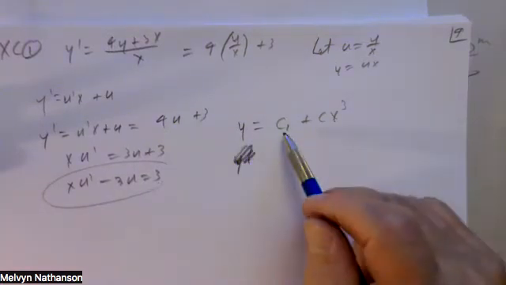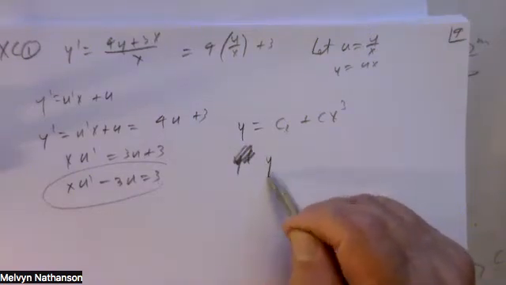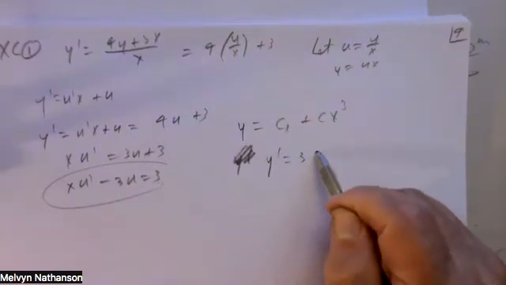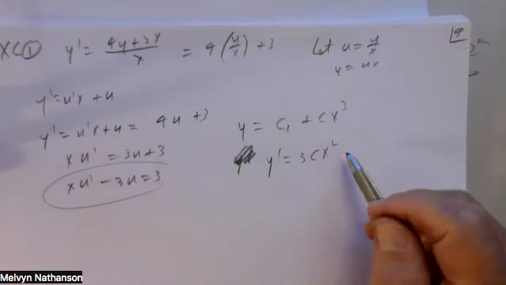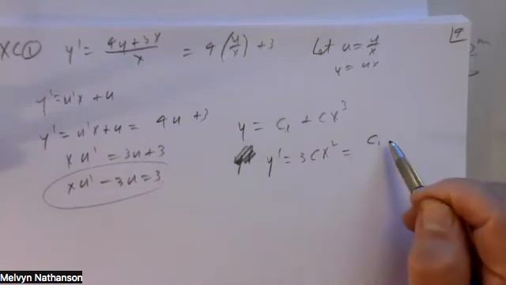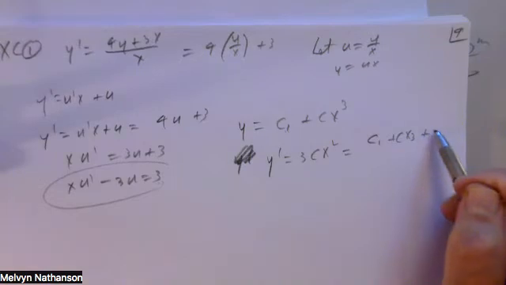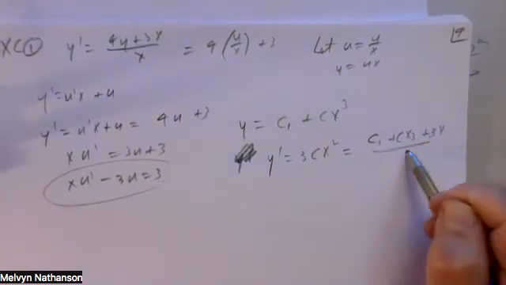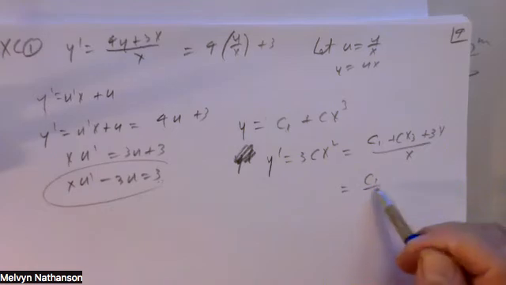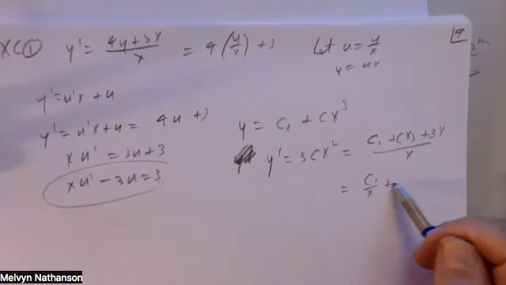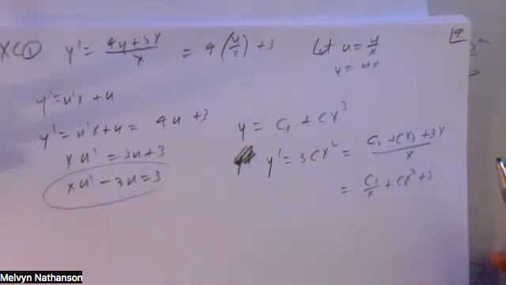We just have to figure out what this constant has to be. So y prime is 3cx squared, and that's supposed to equal c1 plus cx cubed plus 3x over x, which is c1 over x plus cx cubed plus 3.